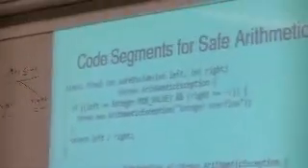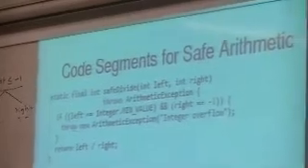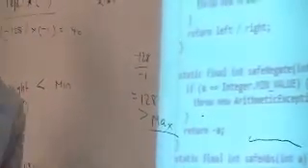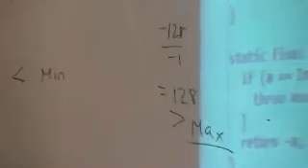So we have negative 128, you divide negative 128 by negative 1, you get positive 128, it is greater than maximum. So you don't want this to happen. Anytime else you divide, the value only reduces, right? So this is the only condition you have to check for division.